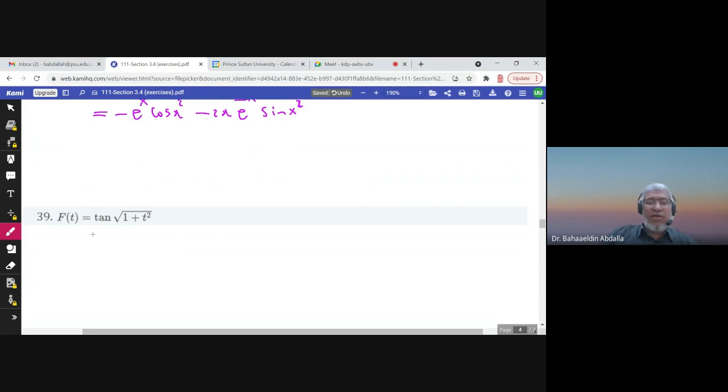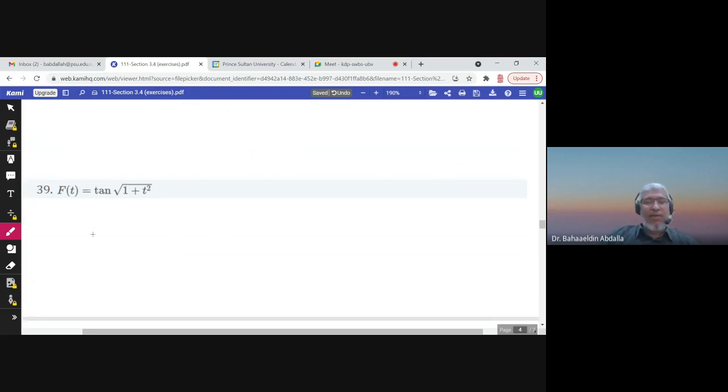Well, here the outer function is tan. So f prime would be the derivative of tan, which is secant square, evaluated at the square root, times the derivative of the inner function. The derivative of the square root is 1 over 2 times the square root, times the derivative of the other inner function, the second inner function, if you like.